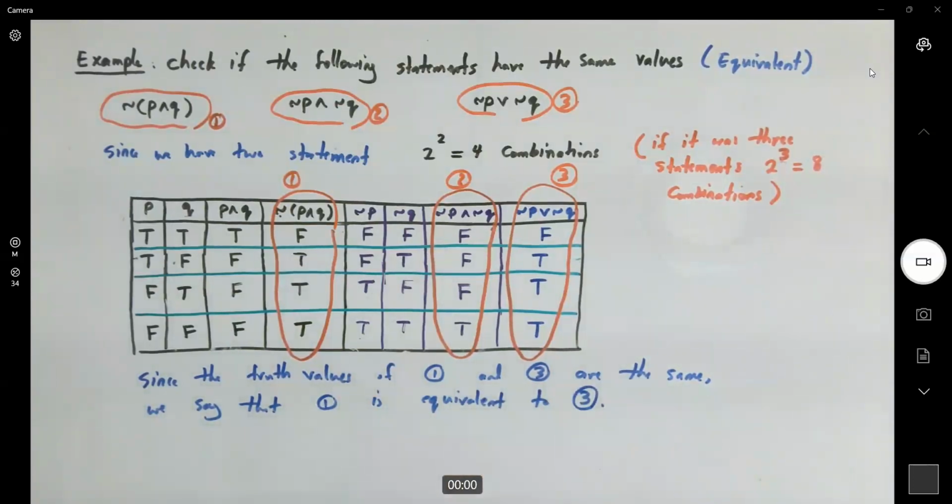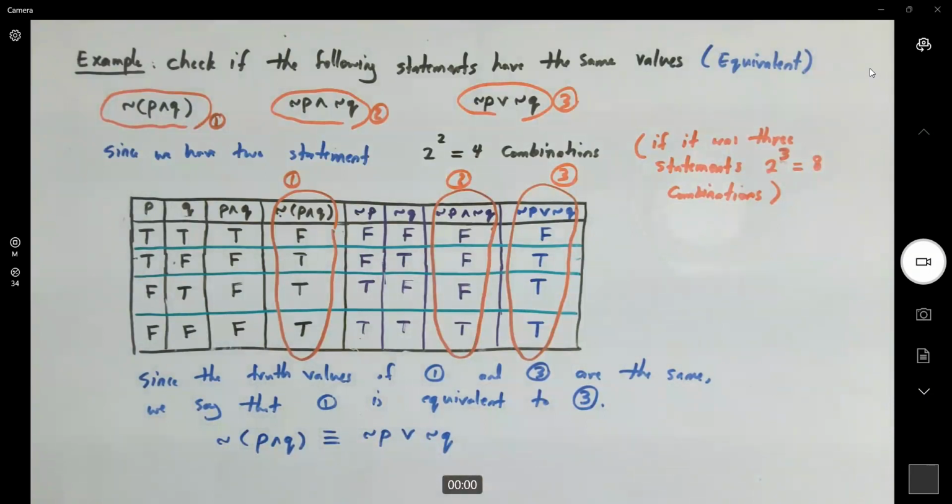And we write it this way. We say that not (P and Q) is equal to, sometimes you can use equal to or just 3 lines, not P or not Q.